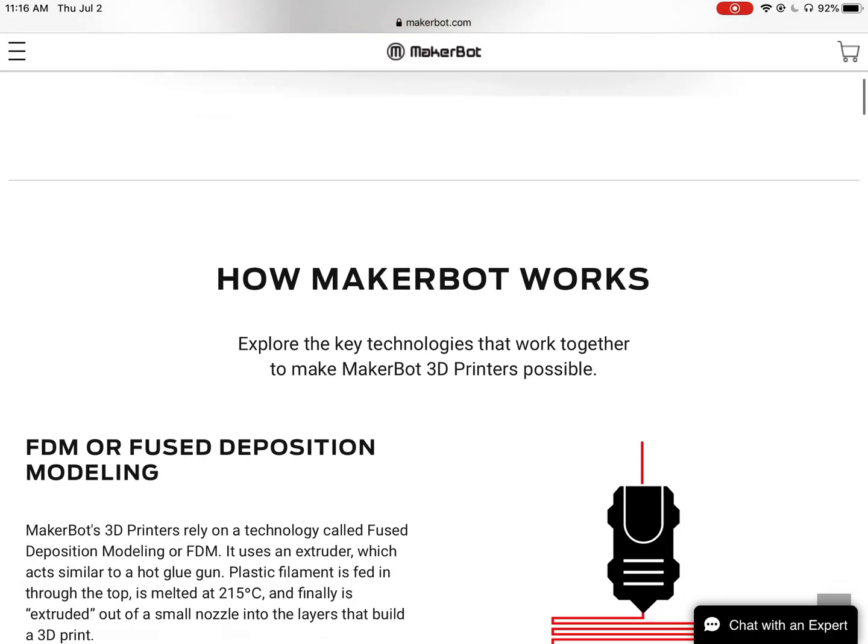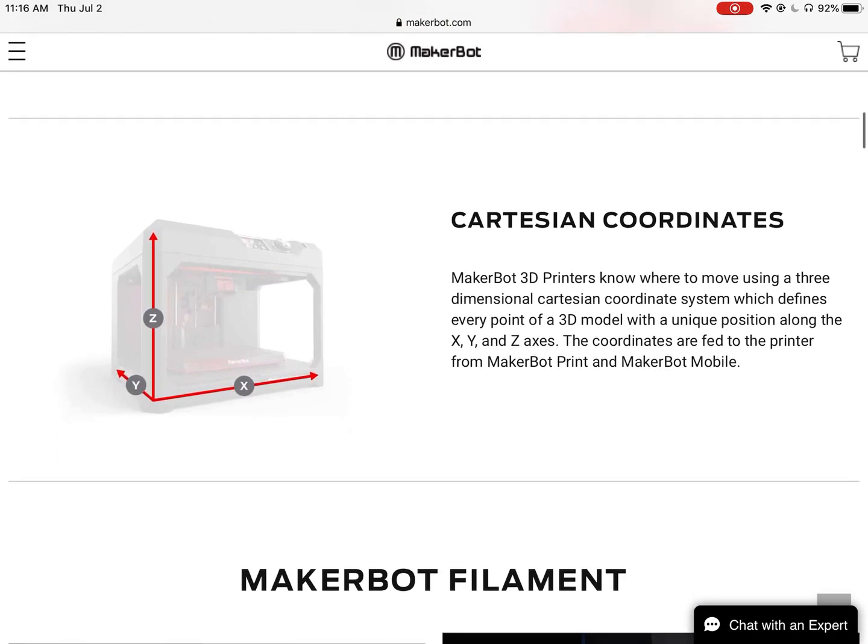And if you scroll down here, you'll see it's talking about how the printer is set up with this coordinate space of an x-axis, a y-axis, and a z-axis. And every point of your 3D model has a unique position along the x, y, and z axes. And that's how the printer knows where to print, for any given object.